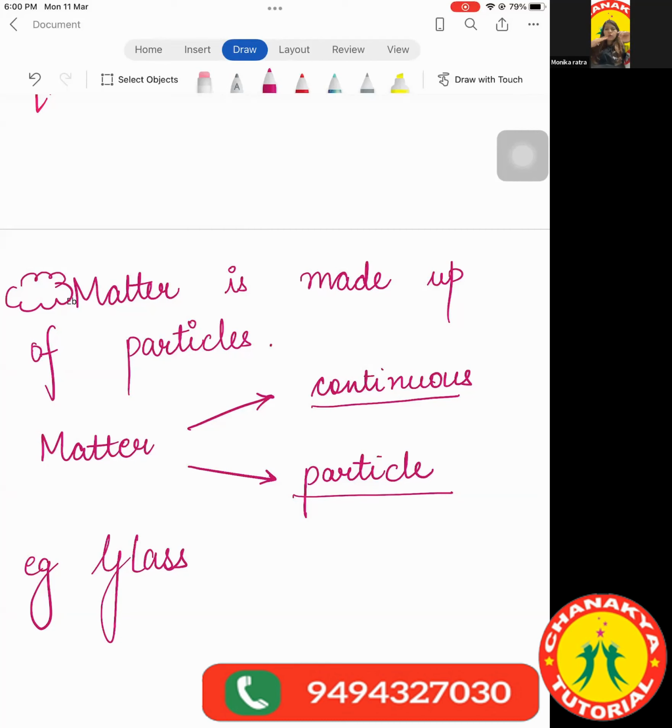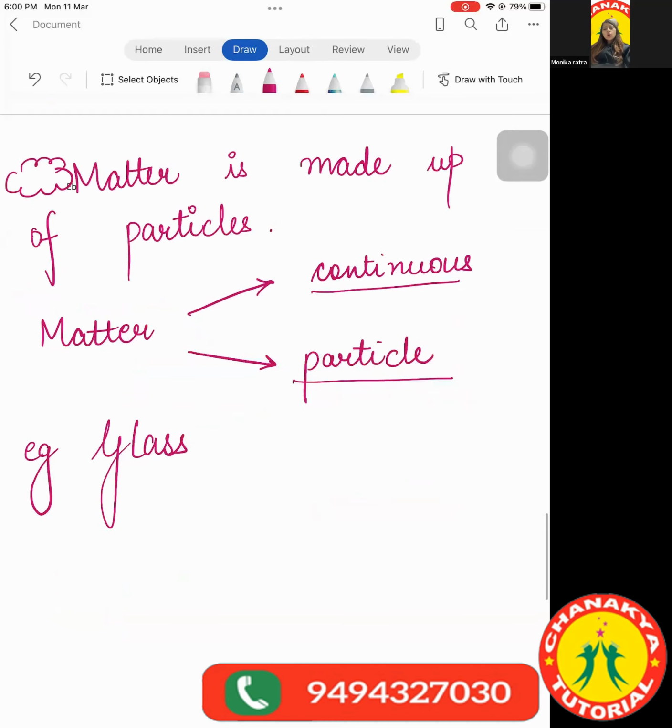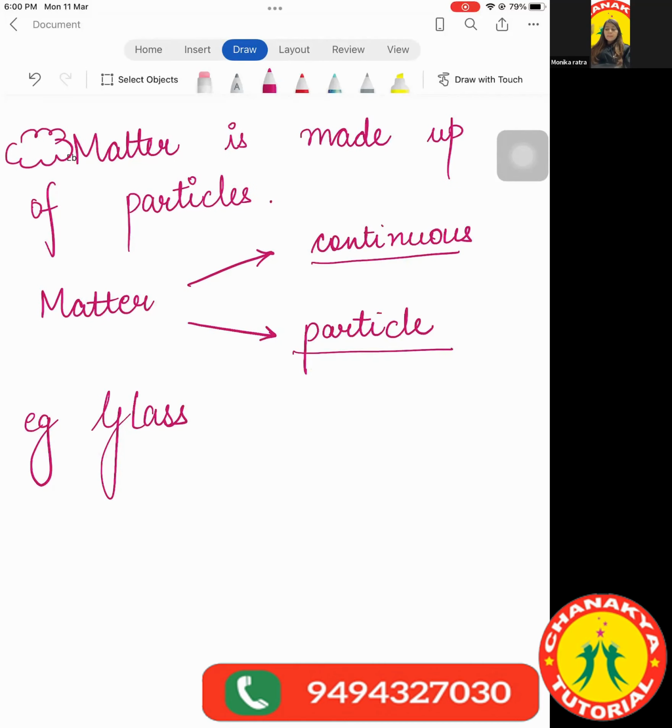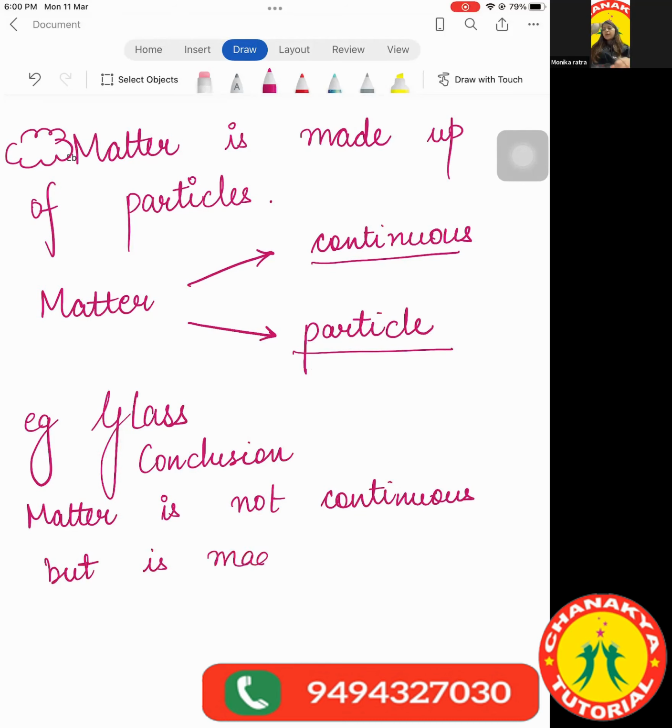Continuous means like in one flow, and made up of particles means made up of small particles joined together, but finally it looks continuous. After many discoveries and checking each and every property, the conclusion was that matter is not continuous but is made up of small particles, which I have written at the top. Clear, everybody?